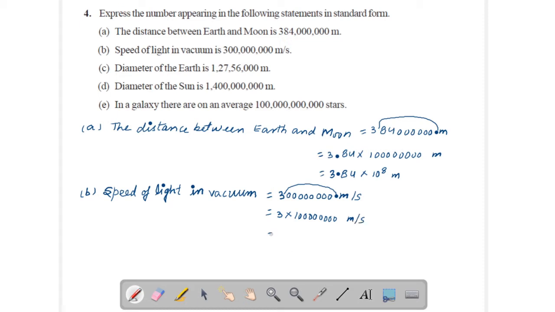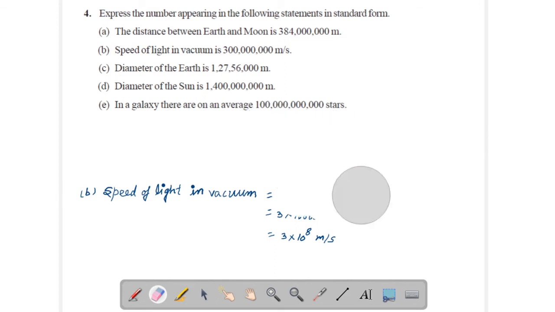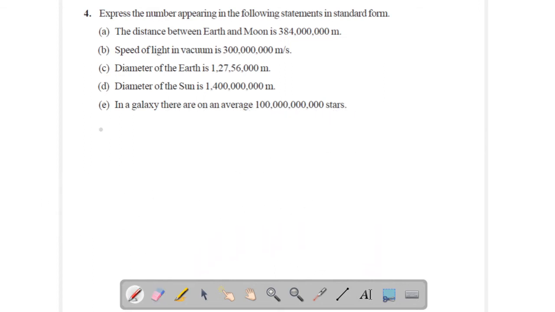And this can be written as 3 into 10 raised power 8 meter per second. Now come to C part.